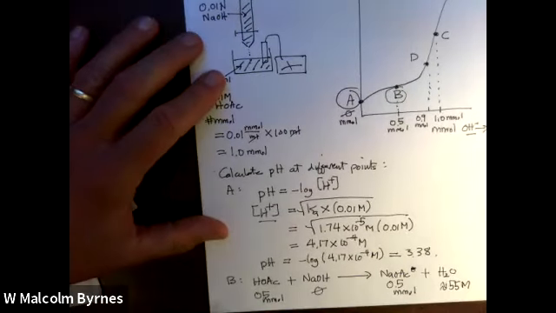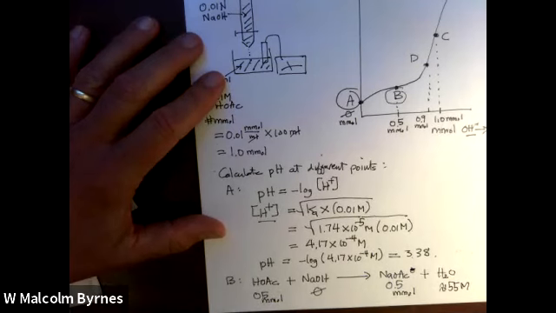So what do we notice? Equal amounts of acetate and acetic acid. In the Henderson-Hasselbalch equation, that ratio is 1, and so the pH is just equal to the pKa value.